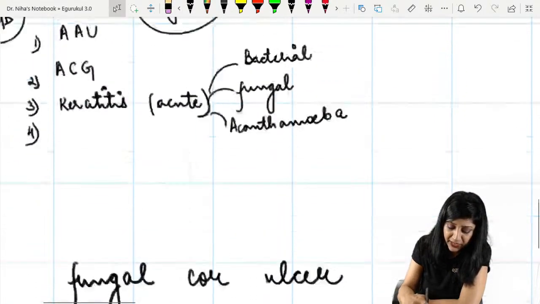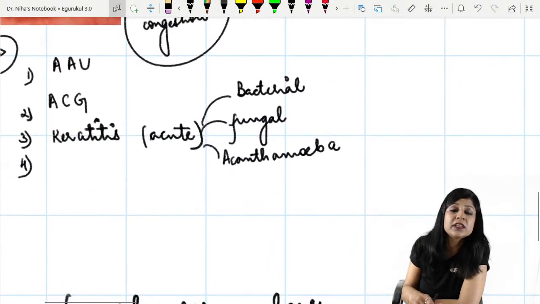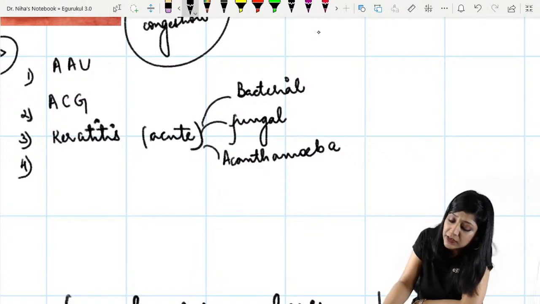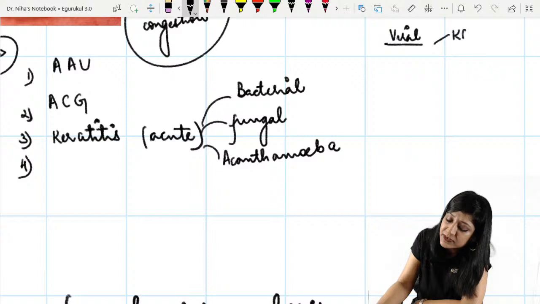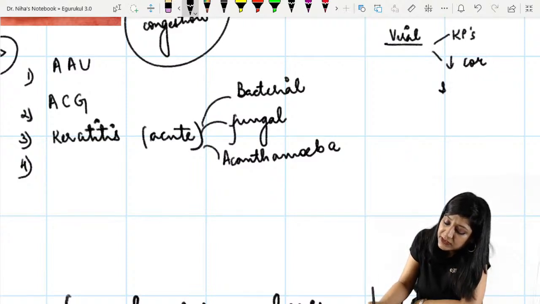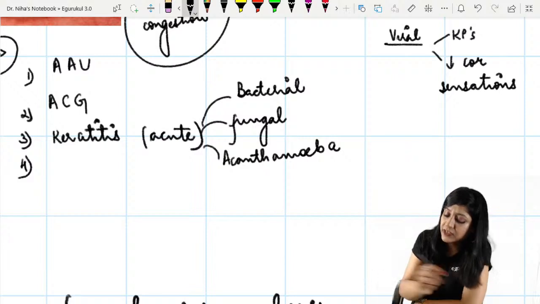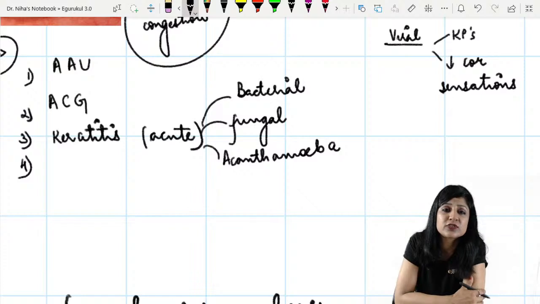But mostly this is not the viral. If I talk about the viral keratitis, then you get the KPs and also the decreased corneal sensations. So it is not a typical feature of viral keratitis.